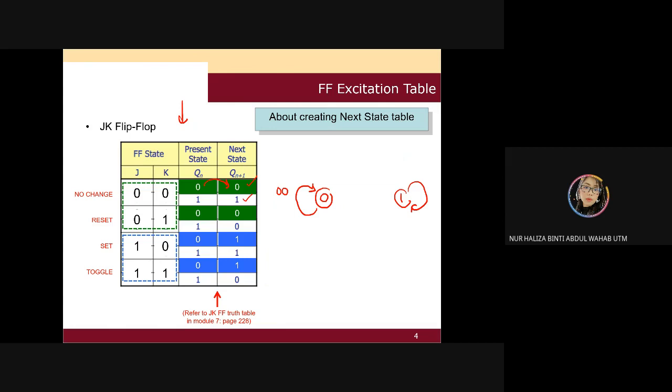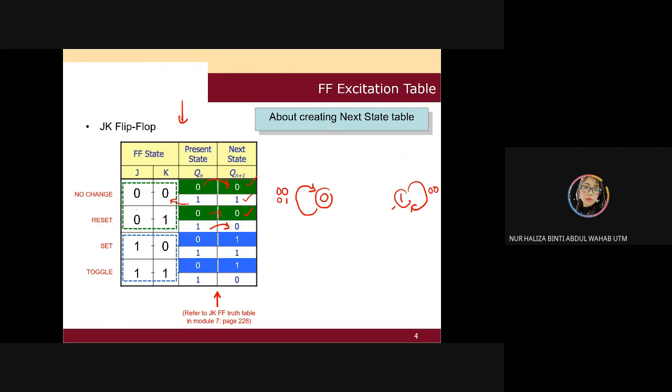For 1 to 1, the condition is 0, 0 also for the input. After that, I have this third situation. 0 to 0, I have the conditions of input 0, 1. Done here.